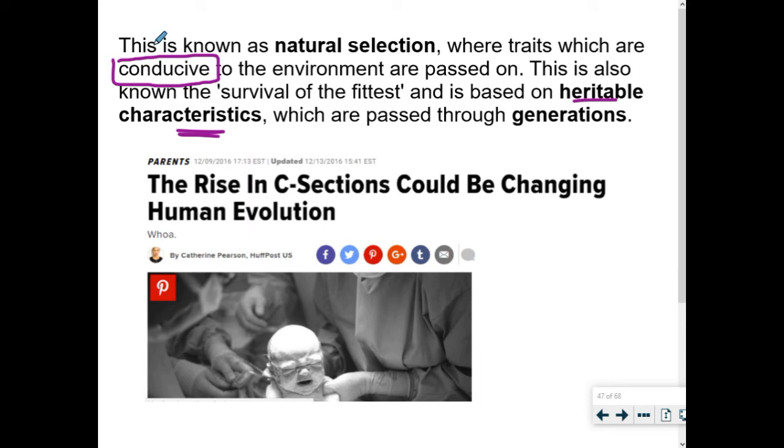We have cesareans, where we can cut open the abdomen, go into the uterus, and retrieve a baby. Now, here's what that has to do with human evolution. It used to be that if a woman had, say, a very narrow pelvis, and the pelvis was too narrow for a baby's skull to fit through, well, those women wouldn't make it, unfortunately.